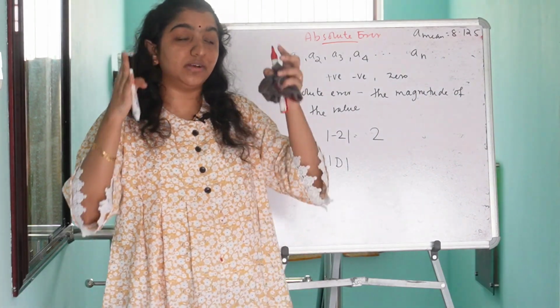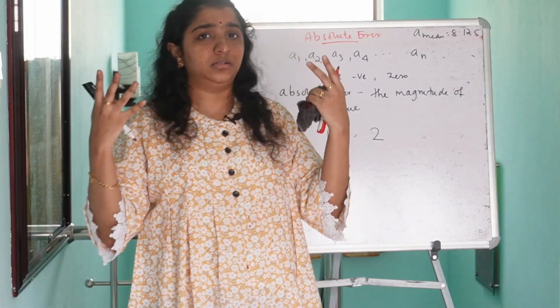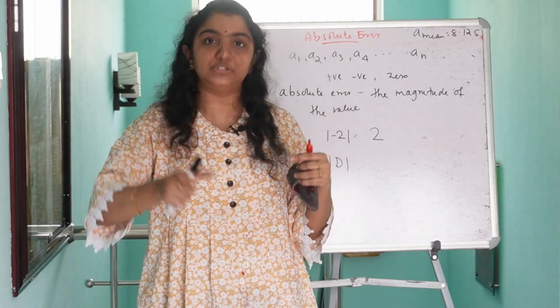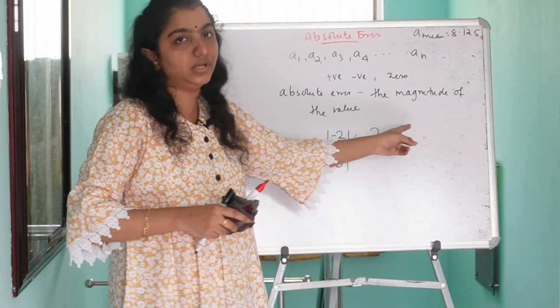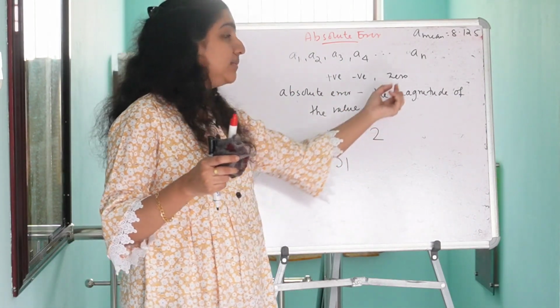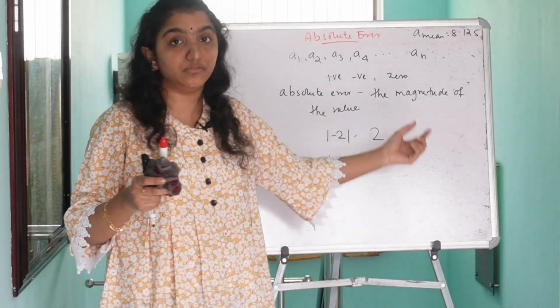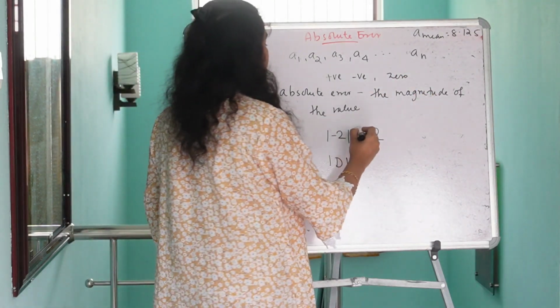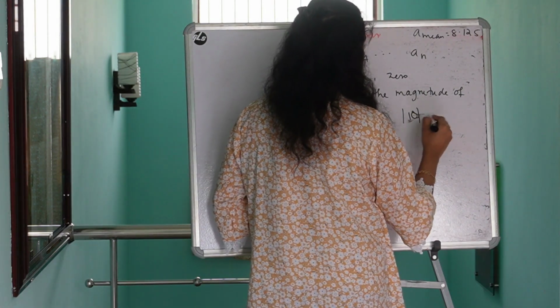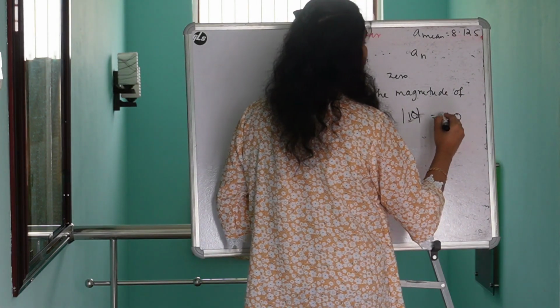Whether the value given is positive or negative, the magnitude of that particular value will always be the numerical value, or we can say the sign of the magnitude of any value will always be positive. If you are asked to find the magnitude of 10, then it is equal to +10.